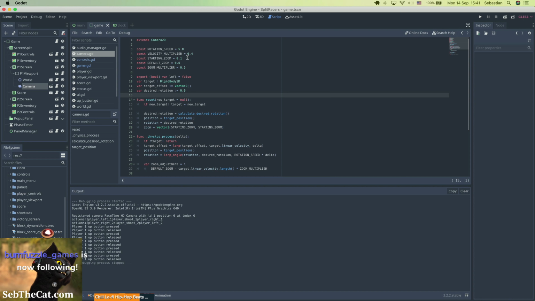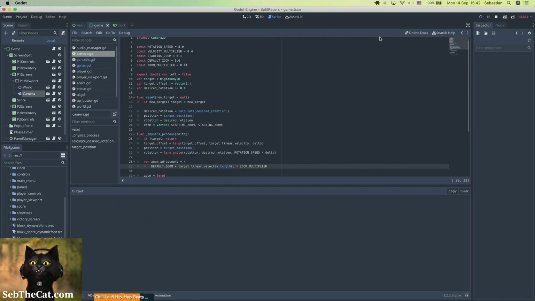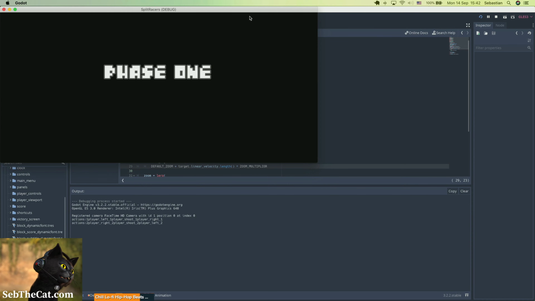So I really quite like that starting zooming out from the player instead of zooming in. I think that's actually quite cool. Then we can set our zoom multiplier by something quite tiny, I think. And then we want to add the zoom. I forgot that adding the zoom zooms out.